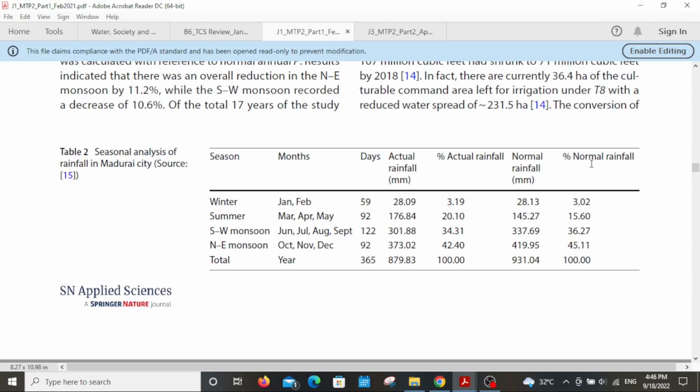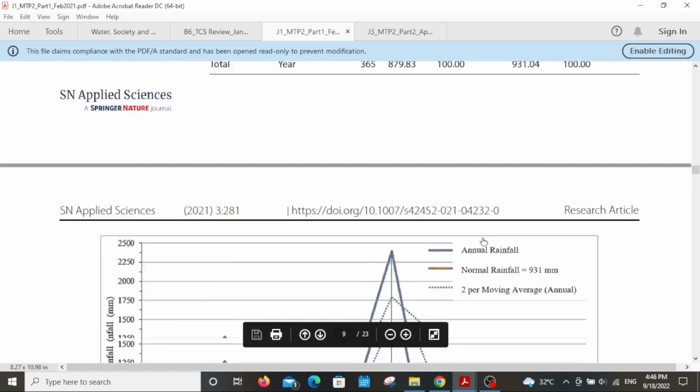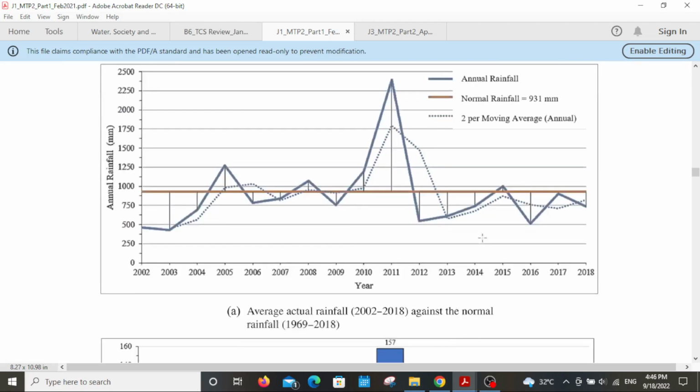While when I say normal rainfall, it is the volume of rainfall received in the last 30 years. When I say actual rainfall, it is rainfall between 2002 and 2018, the study period. While normal rainfall is the rainfall for 50 years, that is from 1969 to 2018. So we are comparing the normal rainfall with actual rainfall, and we see that there are some deviations. Here we can see how between 2002 and 2018 the rainfall is fluctuating.